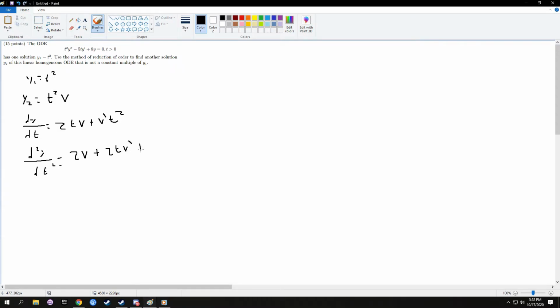I'm going to take the derivative of this, which would be plus 2tv prime, plus, now I'm going to take a derivative of the v, so it'd be v double prime t squared. Now I want to simplify this down, so it becomes 2v plus 4tv prime plus v double prime t squared.